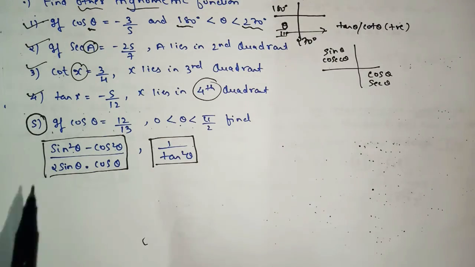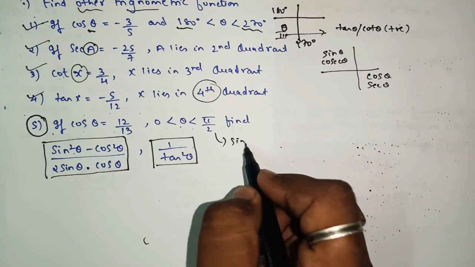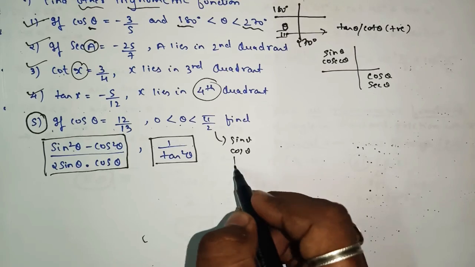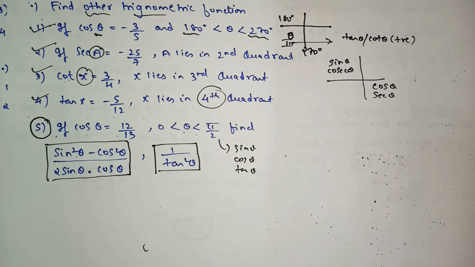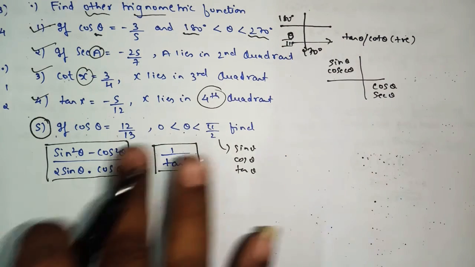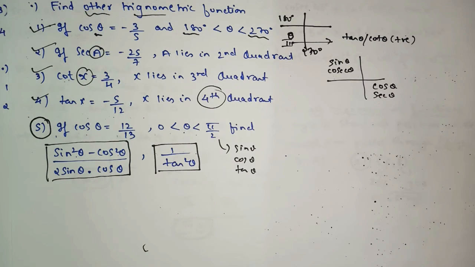So for this question, simply find the sine, cos and tan. For question number 5, there is no need to find the remaining part, that is sec, cosec and cot, as it is not required as per the given condition. I hope you all understood all the 5 sums.